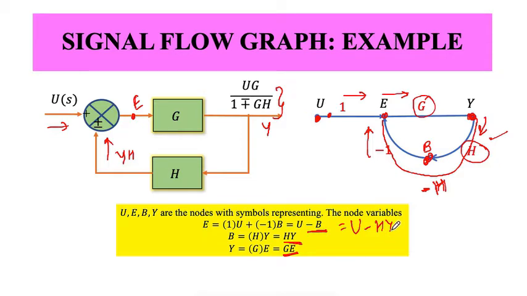And then put the value of Y as U minus GEH, and when you solve it you will get this formula. So this is how signal flow works.